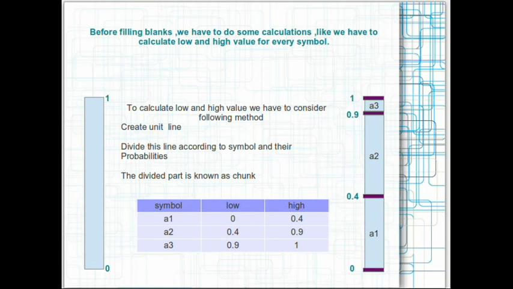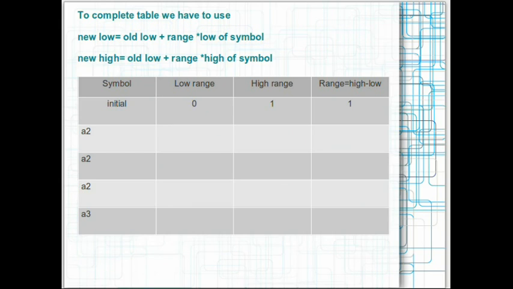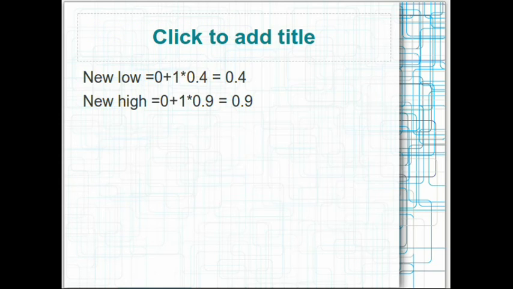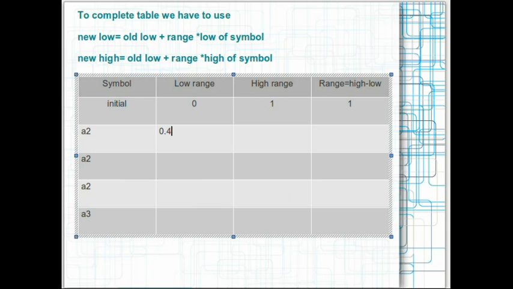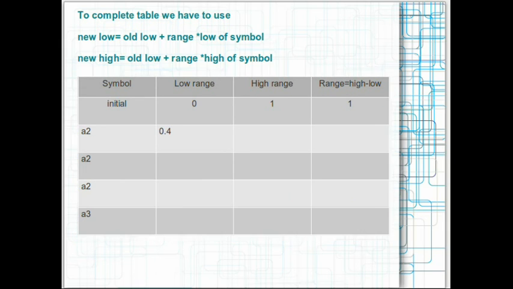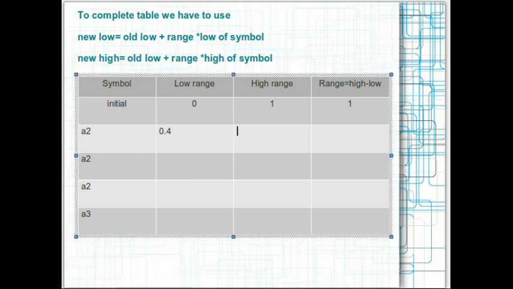Here for A2, low is 0.4, so we use 0.4 as the low of A2 and 0.9 as the high of A2 if required. So old low is 0, range is 1, and low of symbol is 0.4. Now we do the calculations. Therefore new low is equal to 0 plus 1 into 0.4, which is equal to 0.4. So we write down here 0.4, which is updated.